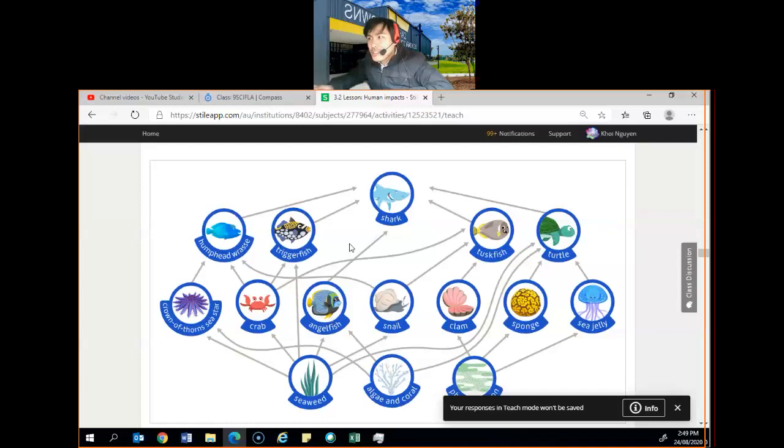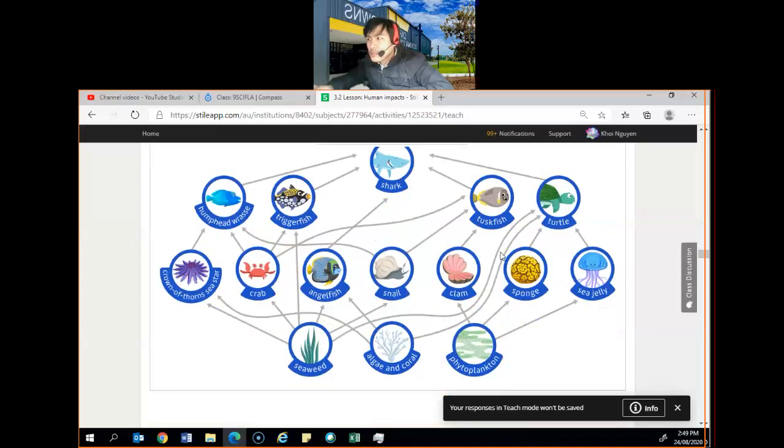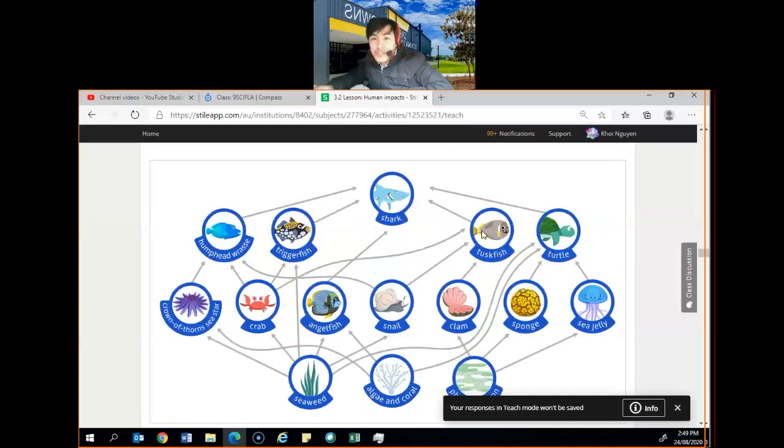Okay, and so what happens then is the shark would probably only have the tuskfish left. Does that make sense? So yeah, the shark is affected quite a lot because it's right here at the top. What happens down here would affect the top. Okay, so I hope that makes sense there.